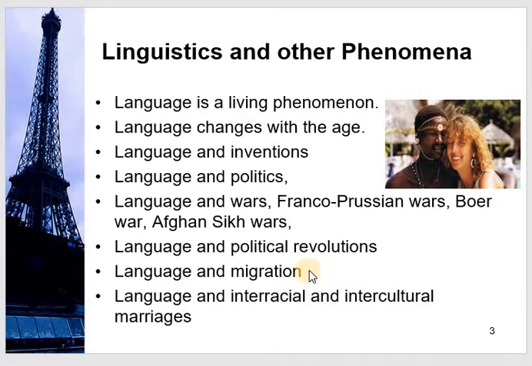So migration is there. When there is migration, diasporic communities have a different language. Language and interracial and intercultural marriages: their language changes, and then their children's language also changes. So Pidgin and Creole appear there.